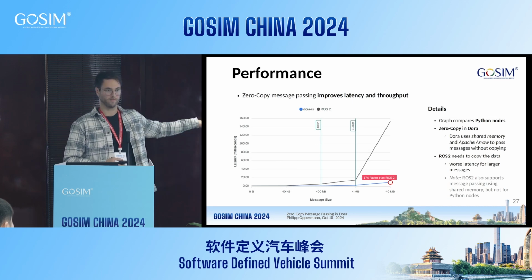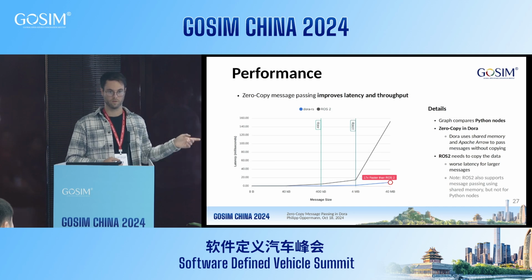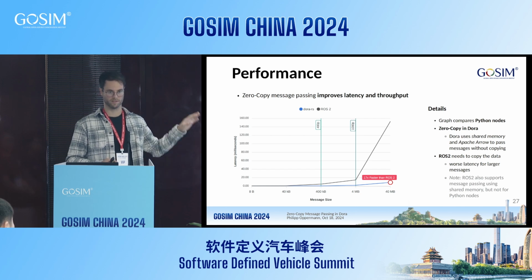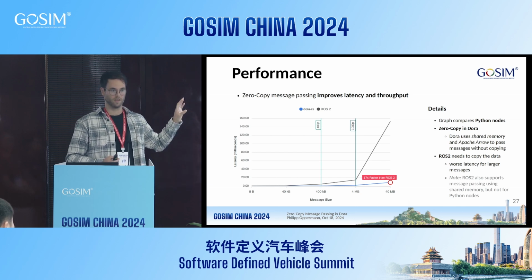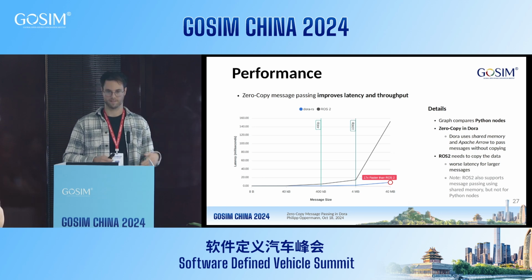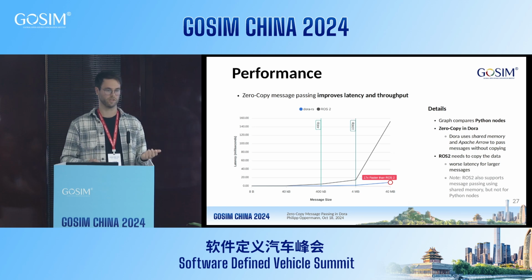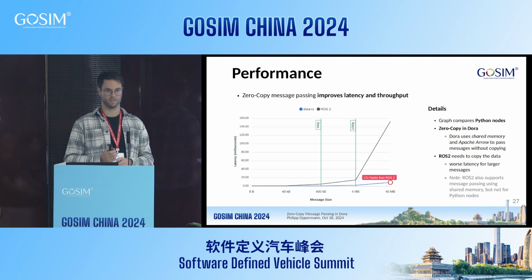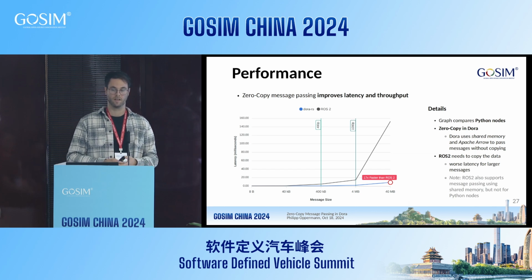So in this graph, we have the latency compared to ROS2, which also supports shared memory as a communication pattern, but not for Python nodes. So this is the extreme comparison where Dora is able to use shared memory because it's a Python node, and we also support shared memory for Python, but ROS2 doesn't. So you see that for large messages, the latency is much bigger for ROS2 than it is for Dora.